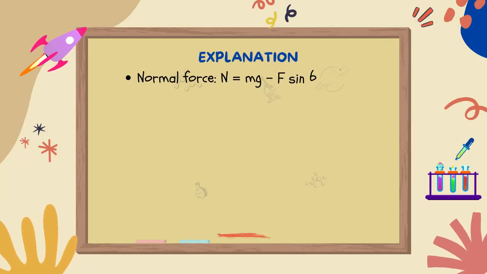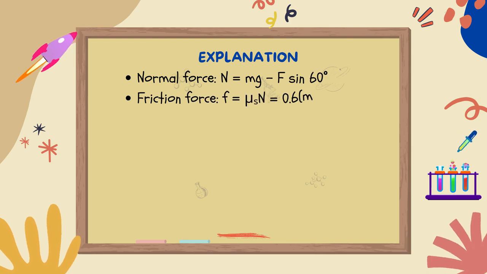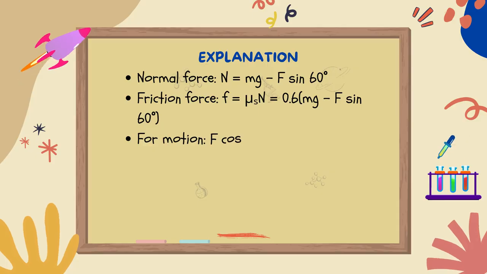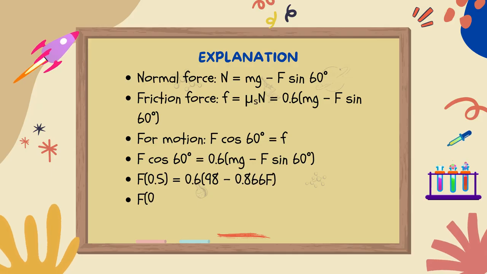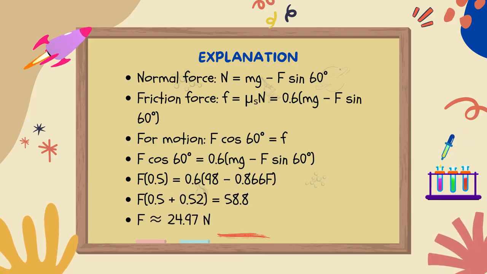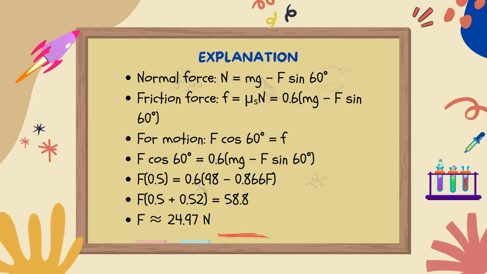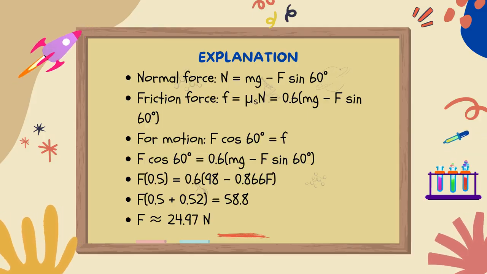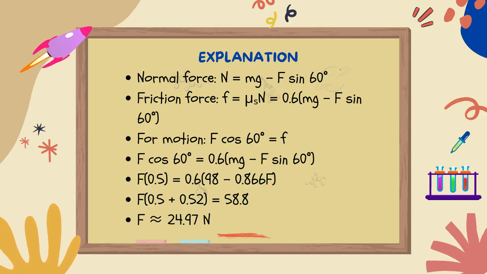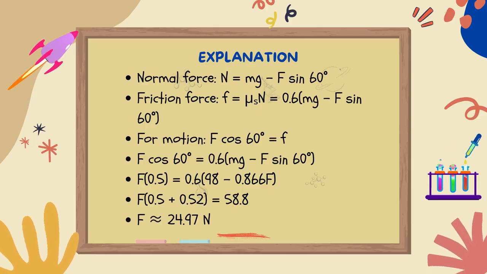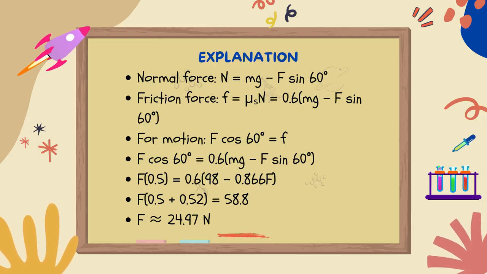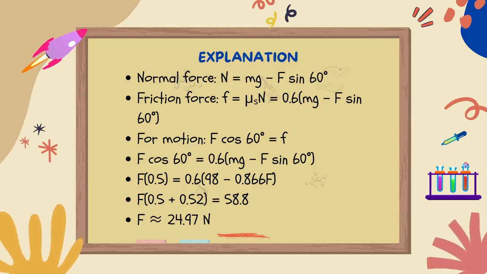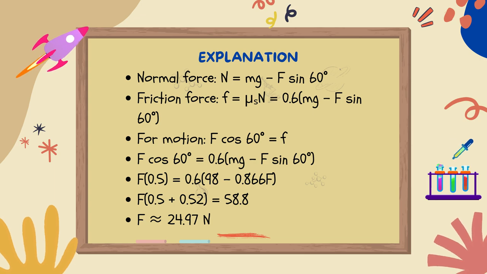Explanation: normal force N equals m times g minus F times sine 60 degrees. Friction force f equals mu sub s times N equals 0.6 times (m times g minus F times sine 60 degrees). For motion, F times cosine 60 degrees equals f. F times cosine 60 degrees equals 0.6 times (m times g minus F times sine 60 degrees).